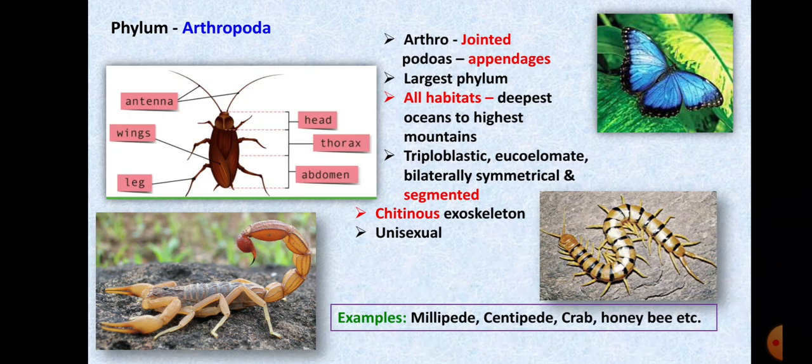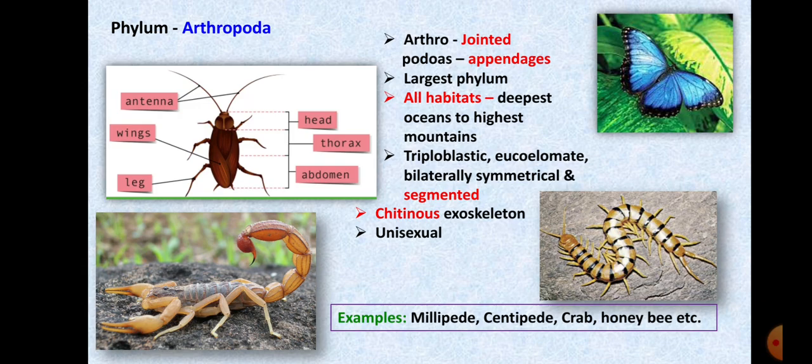But in this phylum Arthropoda, you will have the species being found on the land, in water, on mountains, in the air, every corner of your planet. Okay, you can see it's written deepest oceans to highest mountains.